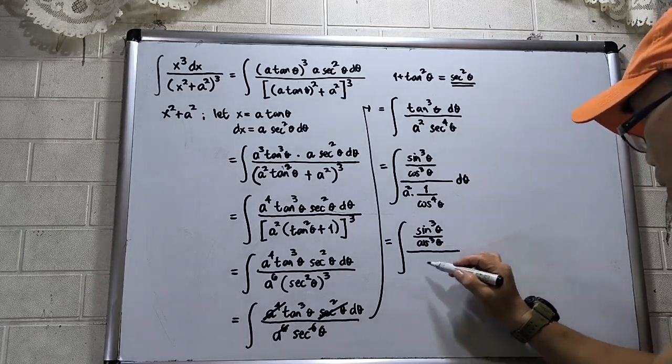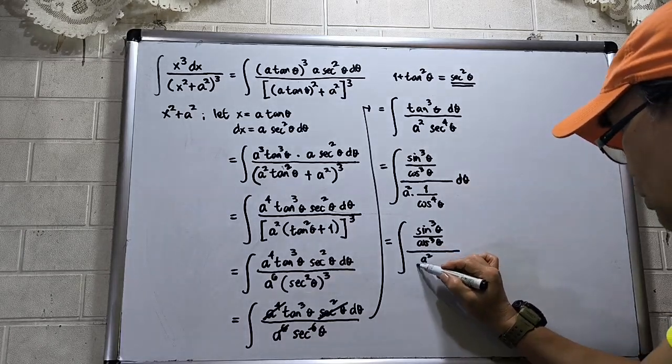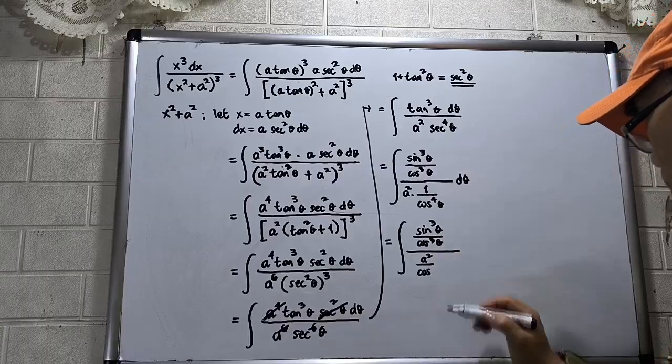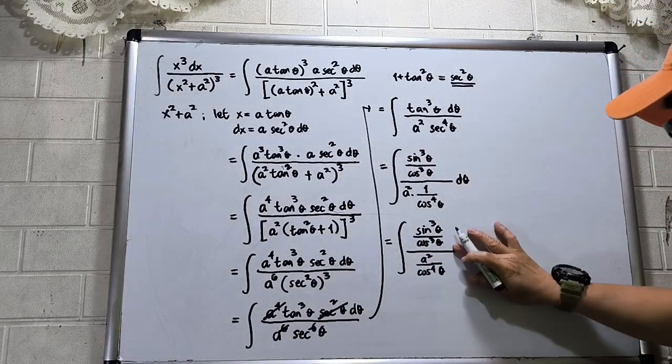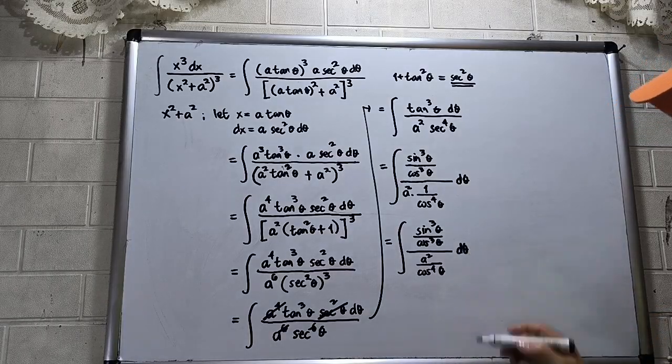Then this will be over a squared over cosine to the 4th theta, d theta. Okay? So this will be equal to the integral of sine cube theta over cosine cube theta, over a squared over cosine to the 4th theta, d theta.